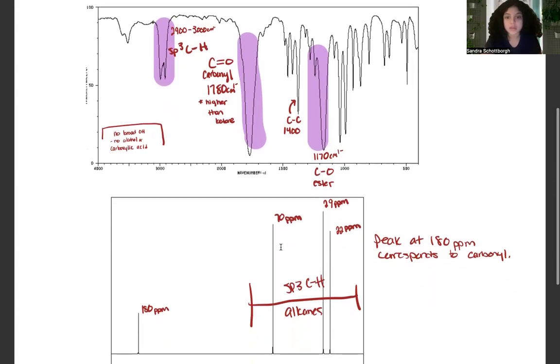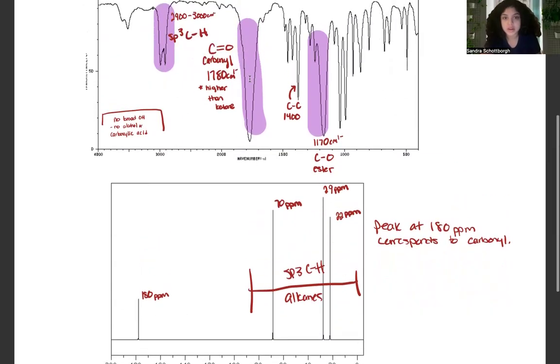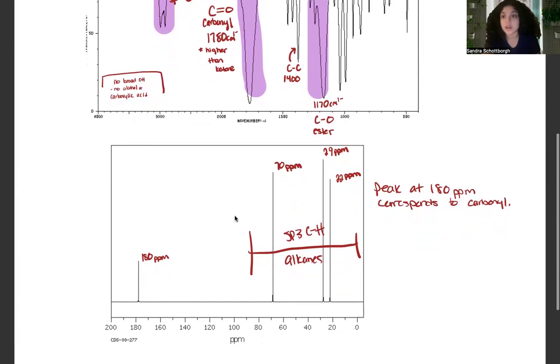So moving on, we can take a look at the carbon-13 NMR. We can see that there is a signal at 180 parts per million, which strongly corresponds to a carbonyl. We did see in the IR spectra above that we saw a carbonyl signal as well, so that confirms that there's definitely going to be a carbonyl.